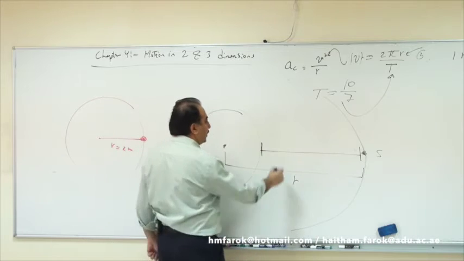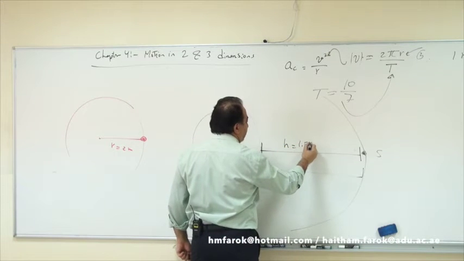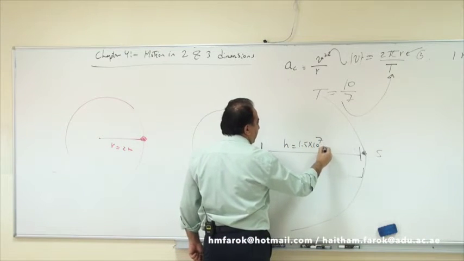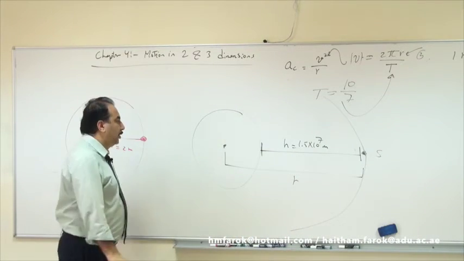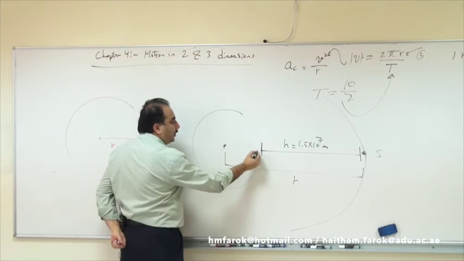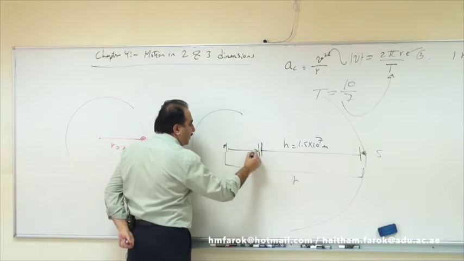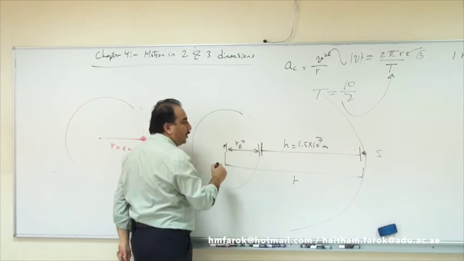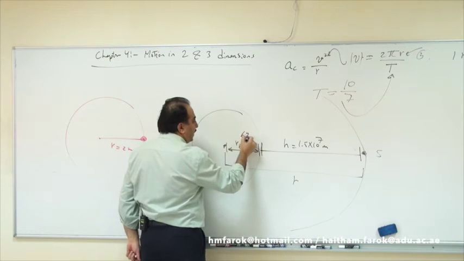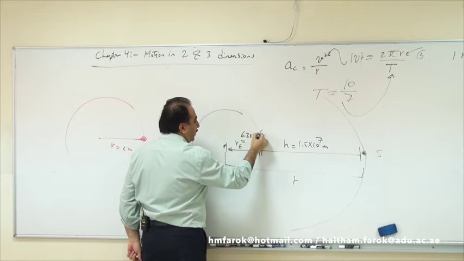How much is it? 1.5 times 10 to power? Is this the radius? Okay. What do I have to add to it? The radius of the Earth, R Earth. And this is given as well. 6.38 times 10 to power?